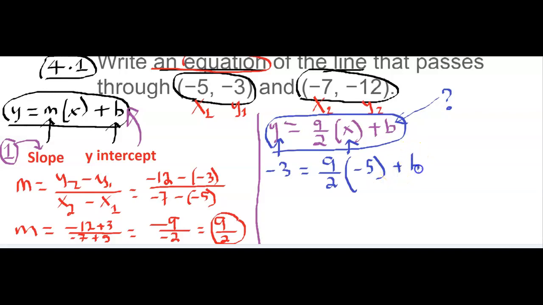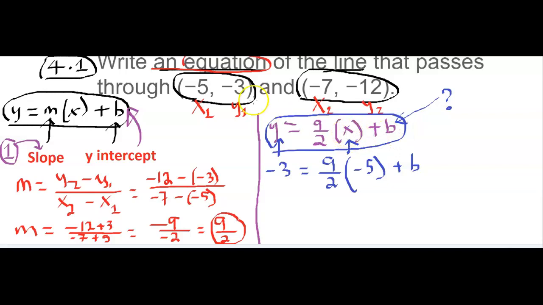I'll say that one more time. All I did was go back to my equation, y equals mx plus b, and substitute 9/2, which is my slope. Now I need to find what the y-intercept, what b, is going to be.